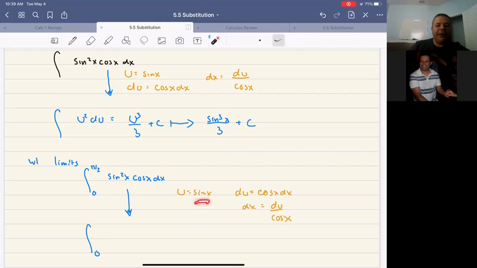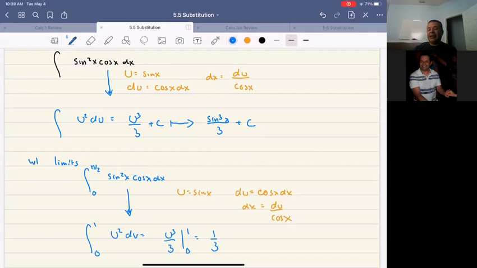If x is pi over 2, sine of pi over 2 is 1. Now I make my replacements, and this is a valid numerical answer.